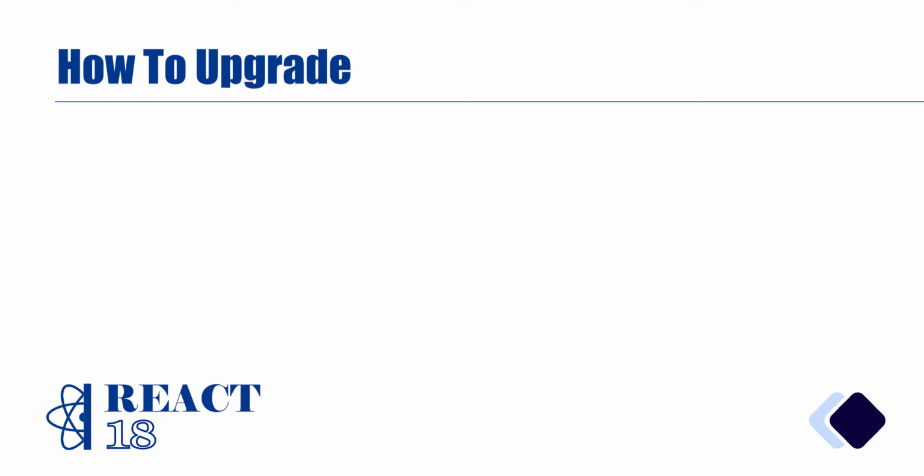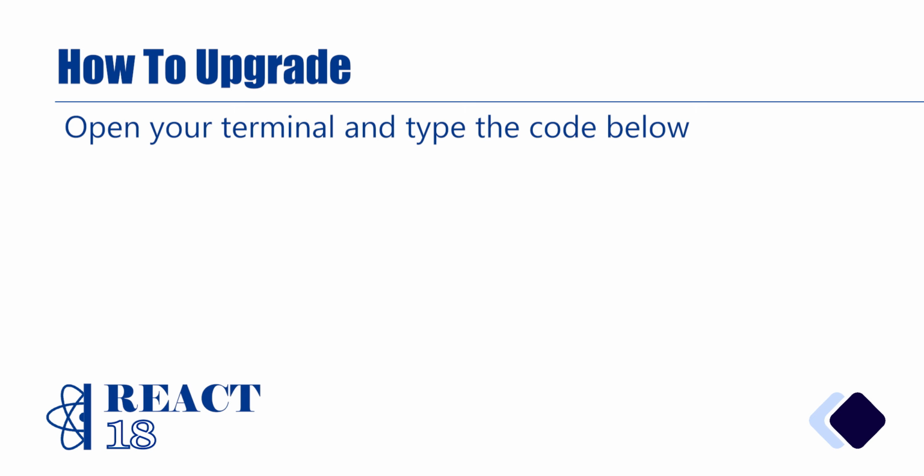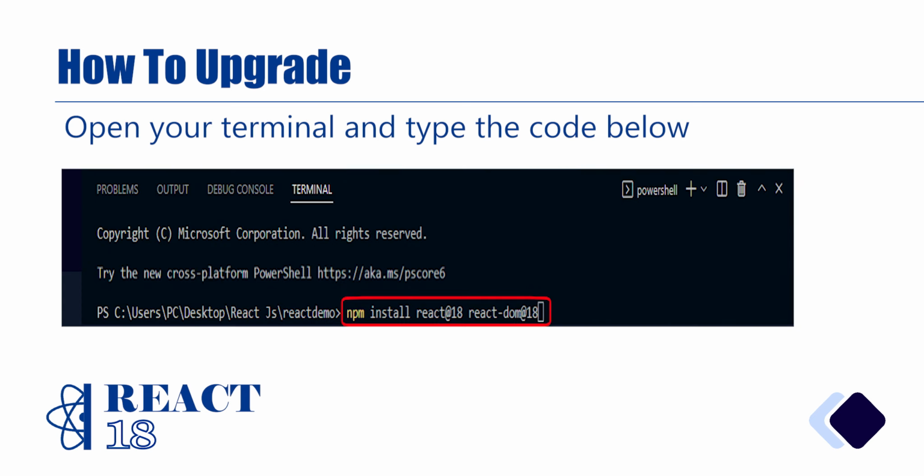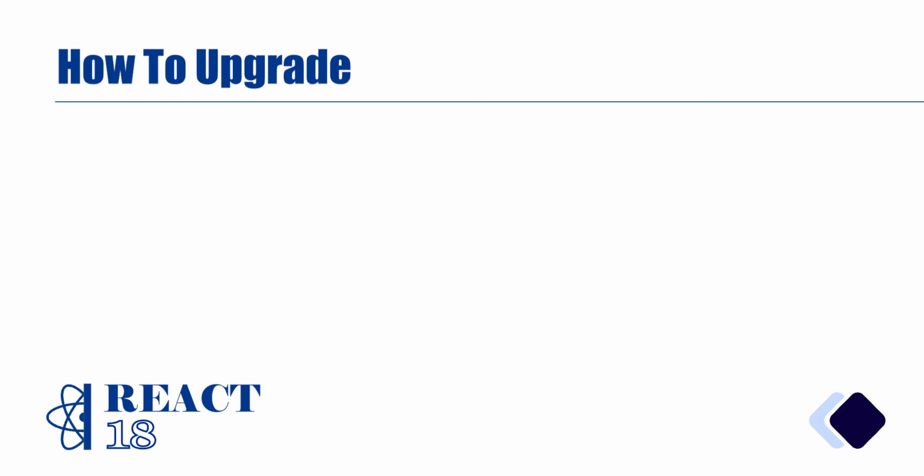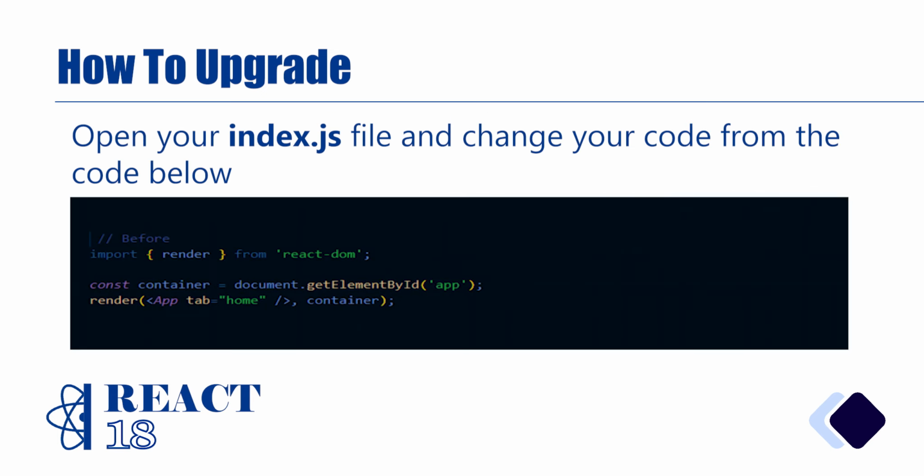To upgrade to React 18, you need to open your terminal and type in npm install react@18 react-dom@18. Then you click on enter. After the installation is completed, you have to make a tiny adjustment in your index.js file.